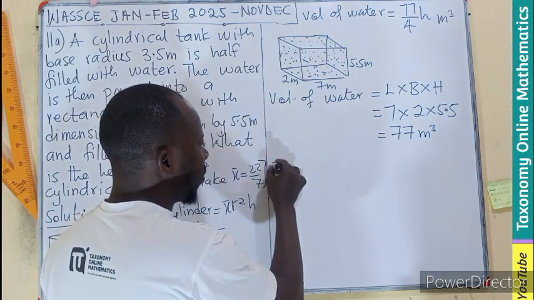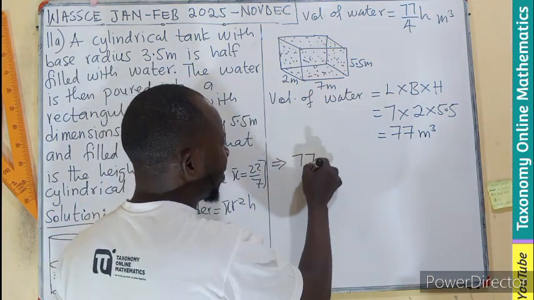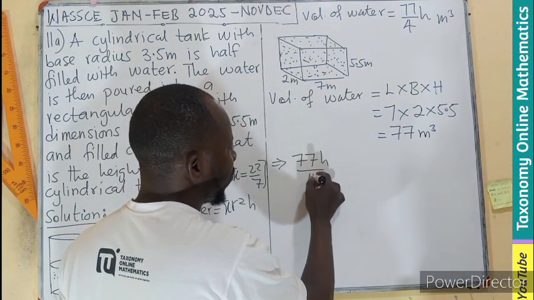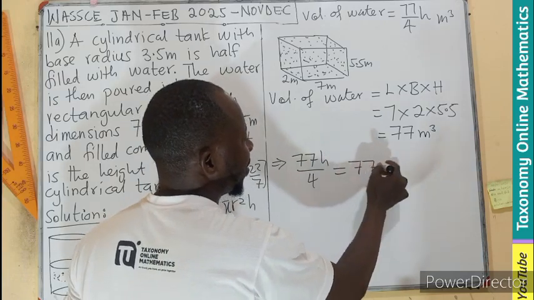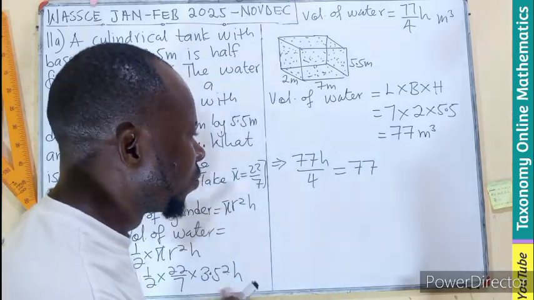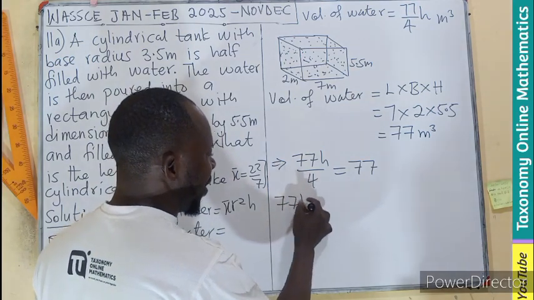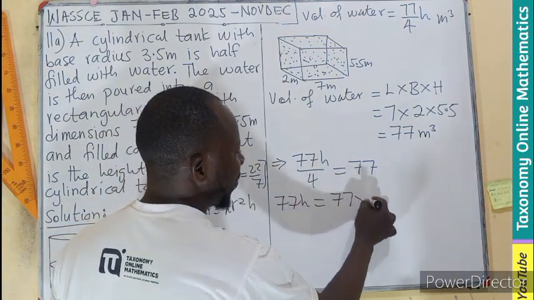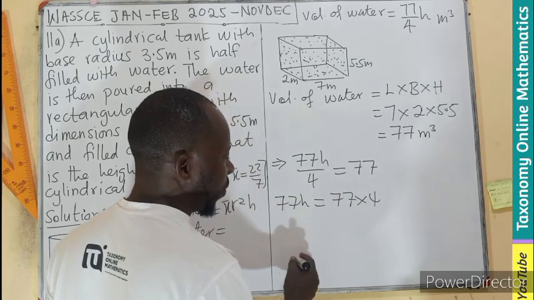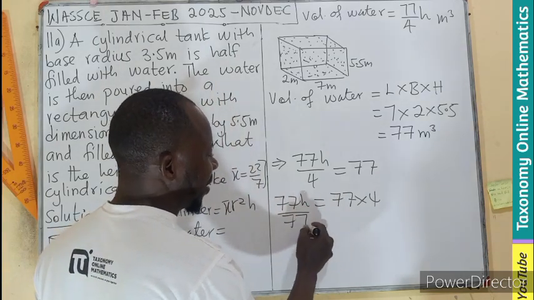So we can now equate 77h over 4 to 77. I can cross multiply, right? So 77h equals 77 times 4, divided by 77.